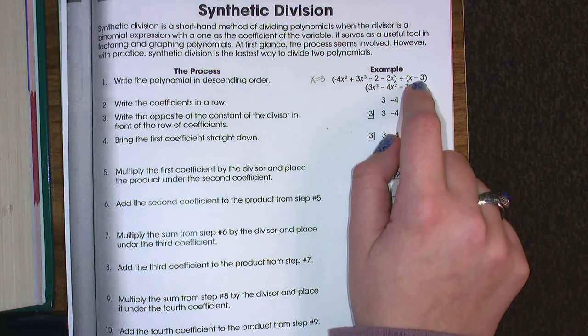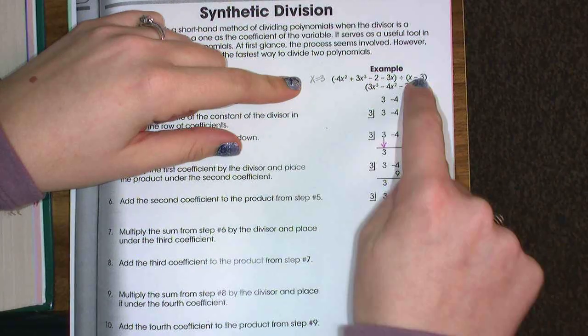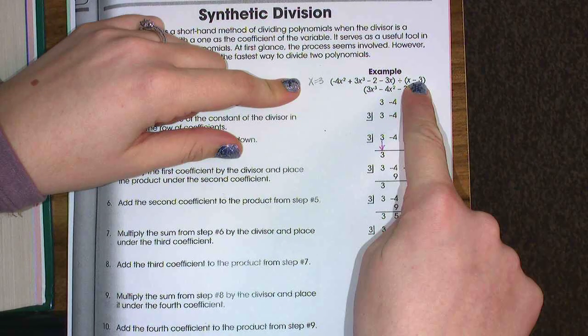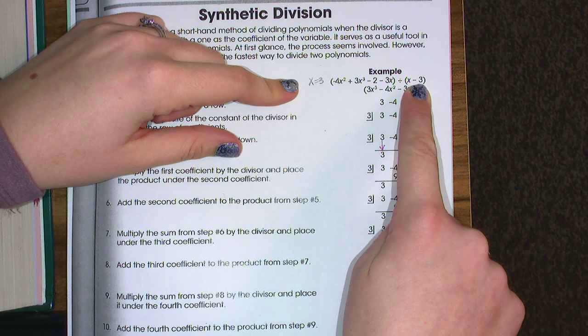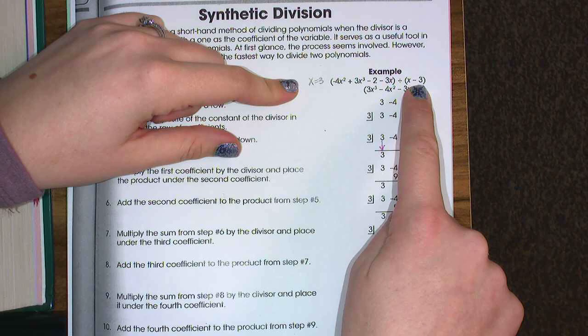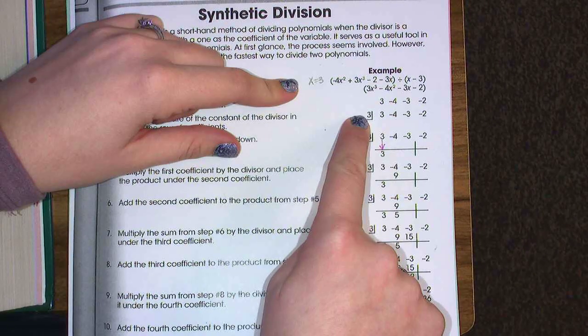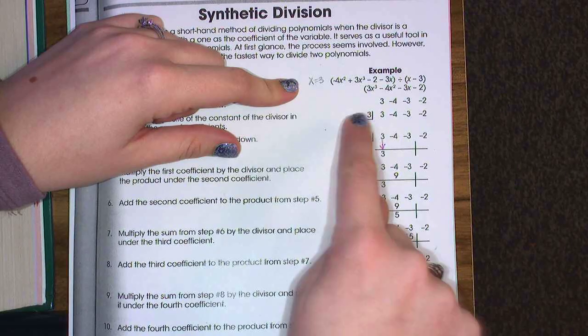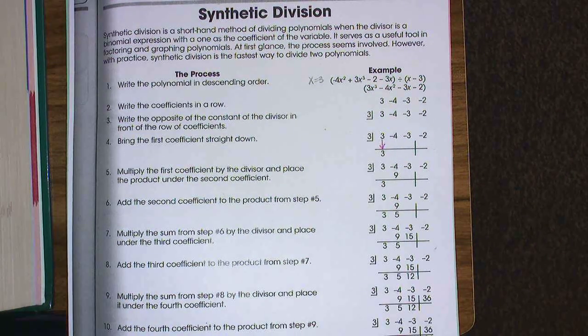So when we do this, the number that goes here is going to have the opposite sign of this. Okay, that's the easiest way. Instead of teaching you a formula, it's always going to be the opposite sign. So if this is negative, we put a positive number here. If this was positive, we would put a negative number here. Okay? And then we just work our way down.